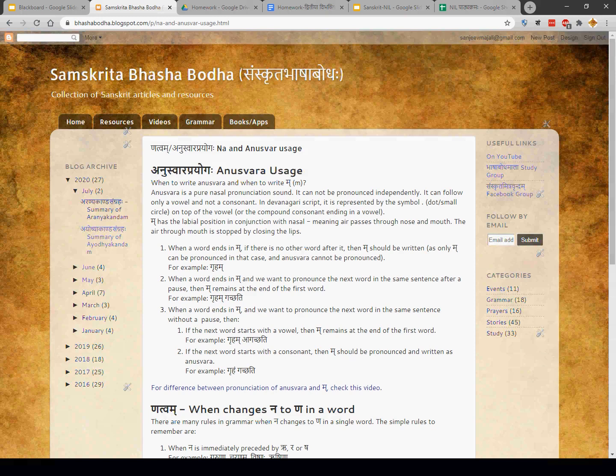Anuswara prayoga, when to use this. And this is also a question, right? Ma becomes anuswara. When should we use ma and when should we use anuswara? That was also a question. And this nat, when na changes to na in a word. I think reverse it: when na changes to na in a word.